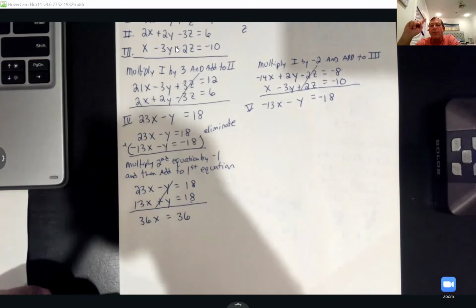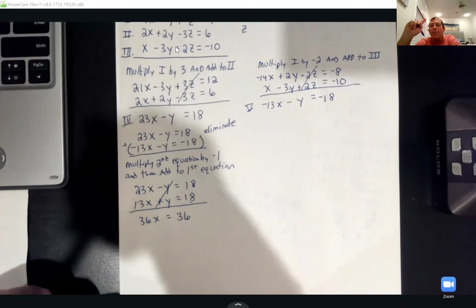So we're going to divide both sides by 36 and get that x. Well, y'all, it looks like 36 divided by 36 is just going to give me a 1x over here. And then 36 divided by 36 is 1. So I finally know what the x is.